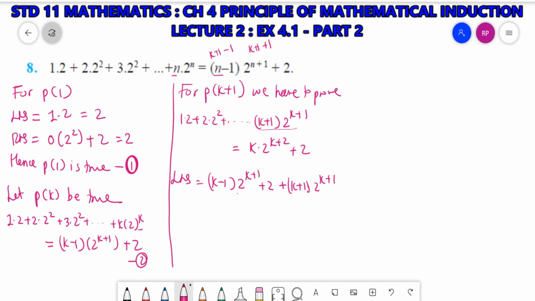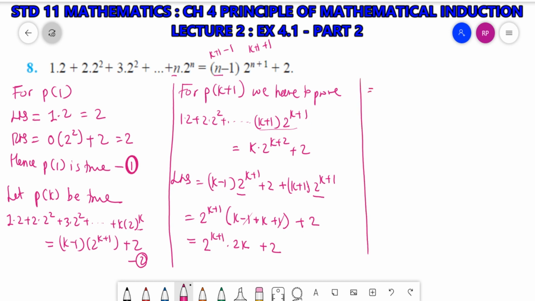Now see here, 2 raised to k plus 1 is common, so I take it common. It's (k minus 1 plus k plus 1), plus 2. So this will be 2 raised to k plus 1 into 2k, since minus 1 and 1 cancel.